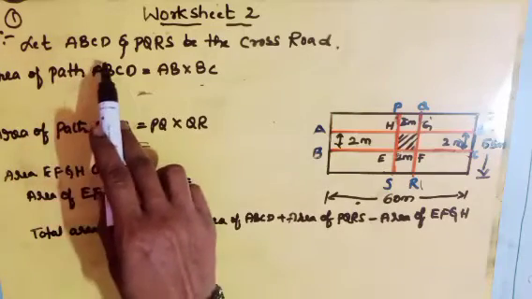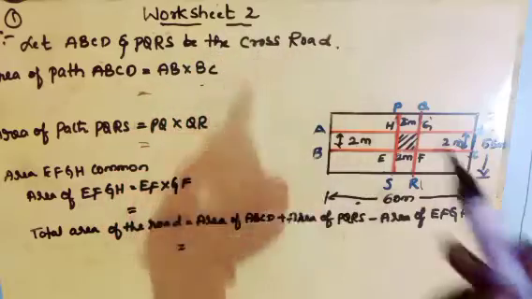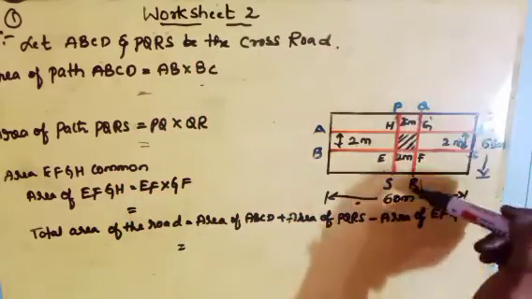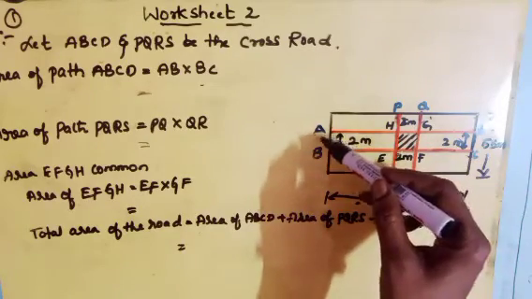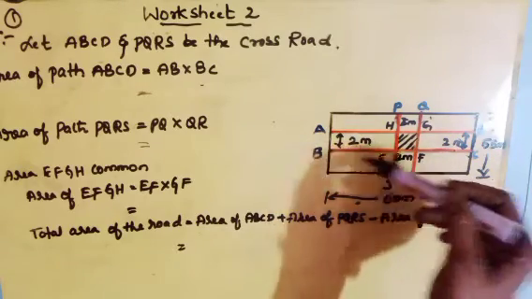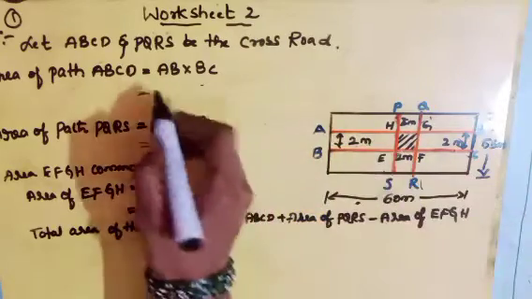Let AB, CD and PQRS be the crossroads. First let us find the area of ABCD. Area of ABCD equals AB into BC. The width of AB is 2 meter, it is given in the question.